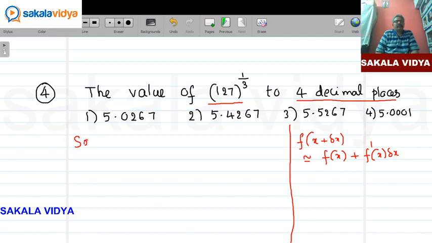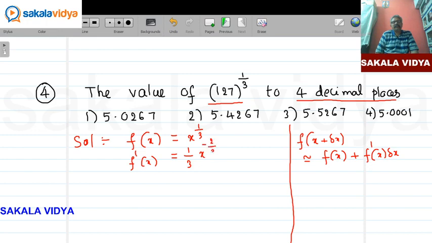Here in the solution, you need to say f of x is equal to, in the place of 127 put x, that will be x to the power of 1 by 3. Find its derivative. F dash x is 1 by 3 into x to the power of 1 by 3 minus 1, that will be minus 2 by 3.